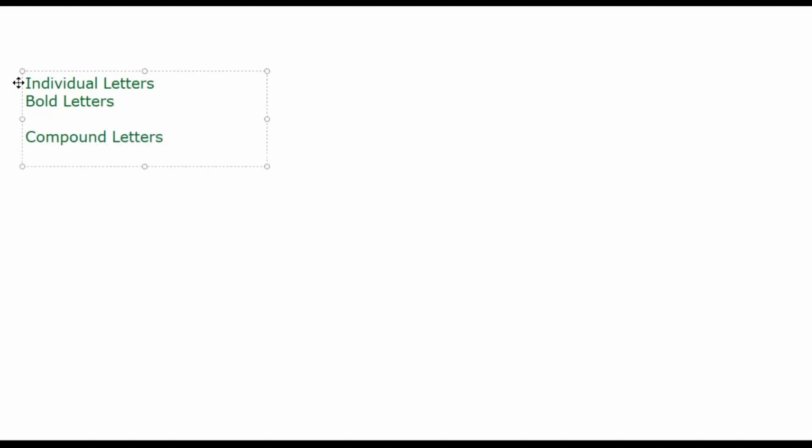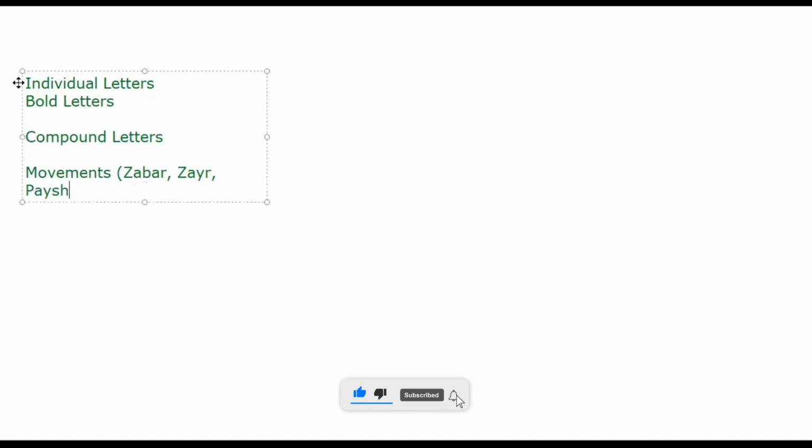And then we discussed movements. If you remember, movements were zabar, then the second movement was zir, and the third movement was pesh. So we discussed movements.